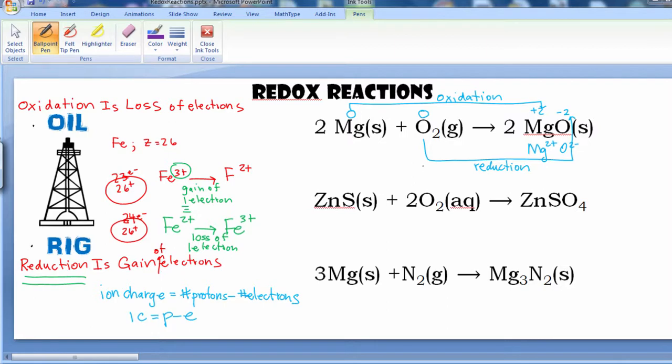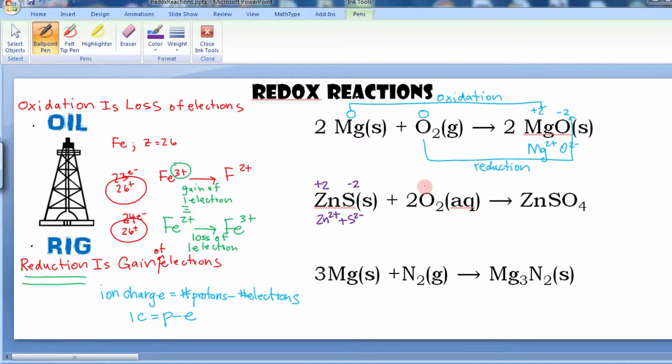Zinc sulfide plus oxygen gives us zinc sulfate. So you remember from ionic compounds that this could break up into zinc 2 plus and S2 minus. So we would have a 2 plus on zinc and a minus 2 on sulfur.